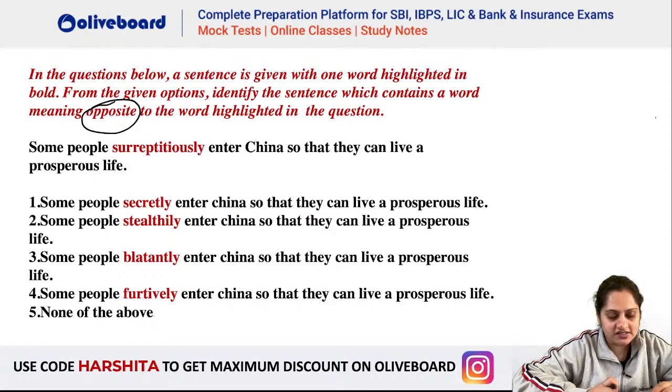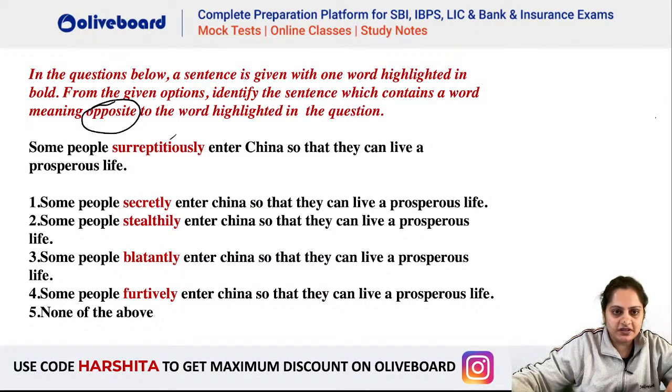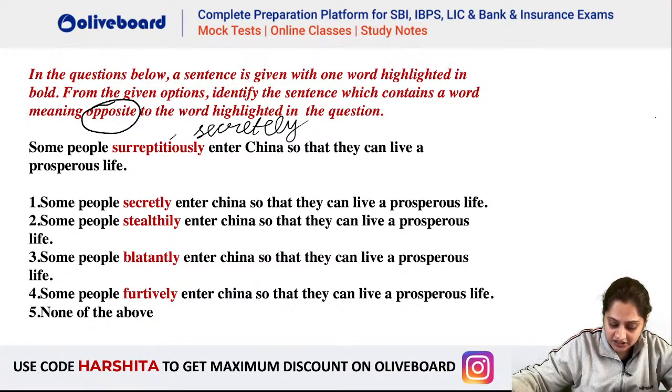You know what surreptitiously is? Only when you know the meaning can you mark the opposite. It means which is done in a way that nobody pays attention. Secretly you do something.